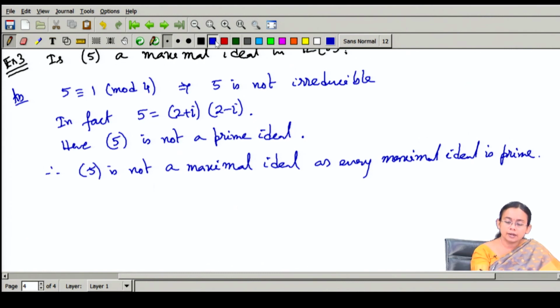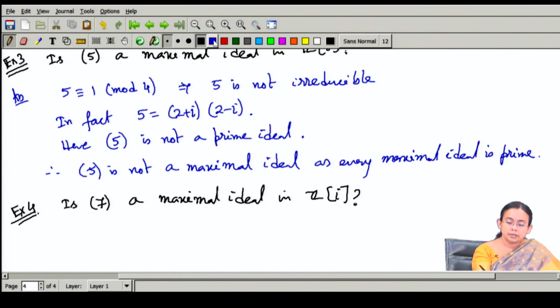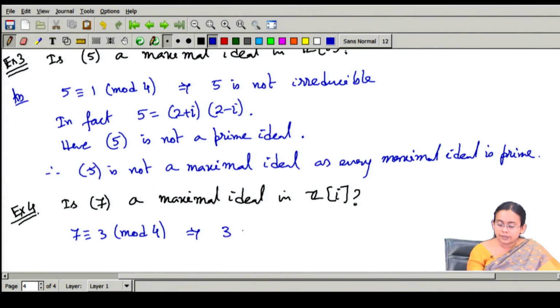But on the other hand, if I ask the same question, instead of 5, whether the ideal generated by 7 is a maximal ideal in Z[i] or not, then we can see that 7 is congruent to 3 mod 4, which implies that 7 is an irreducible element.